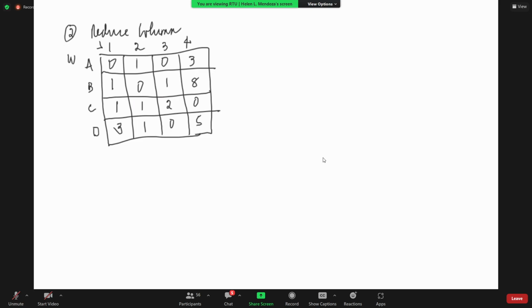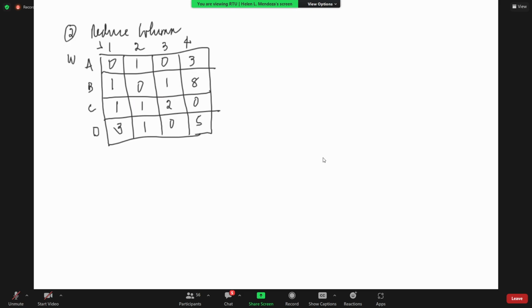You would start crossing out these zeros, starting with the rows or the columns having the most zeros. So ito, meron kang dalawa sa A, the rest ng row mo, isa. Sa column, meron kang dalawa sa 3, the rest, isa.